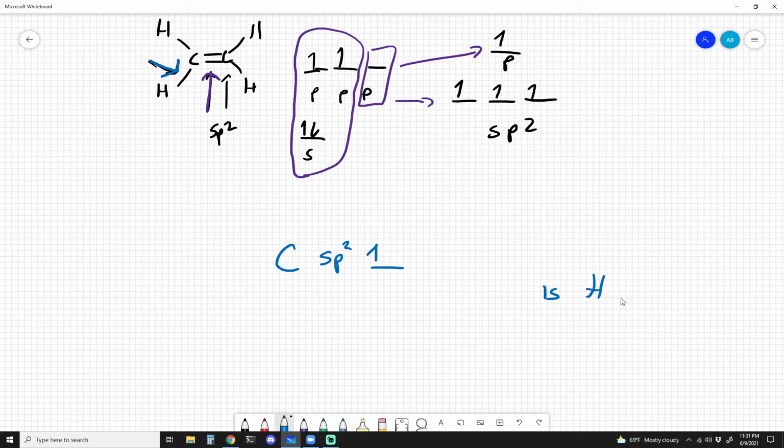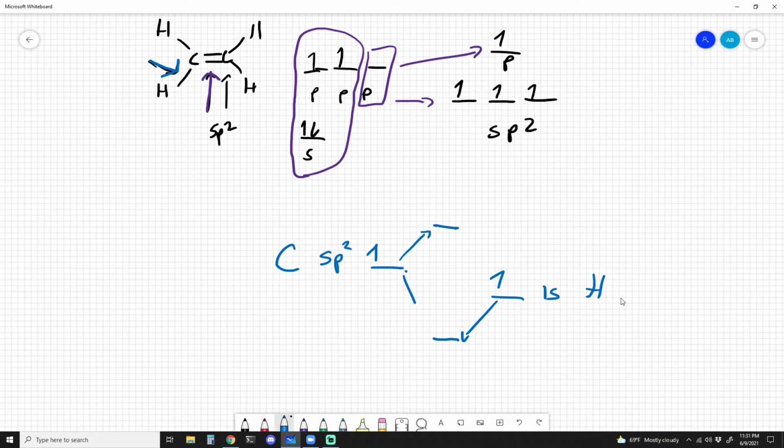Like before, one goes lower in energy, one goes higher in energy, roughly the same distance from the 1s to the bottom and from the sp2 to the top.